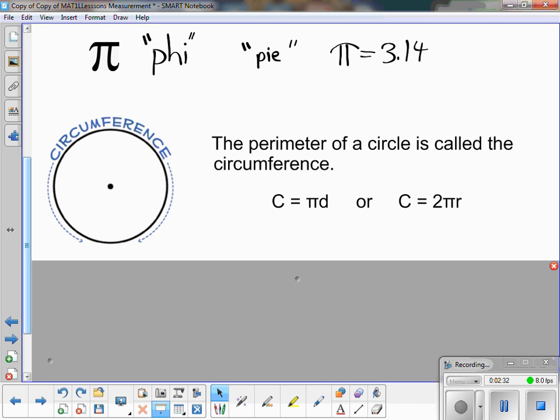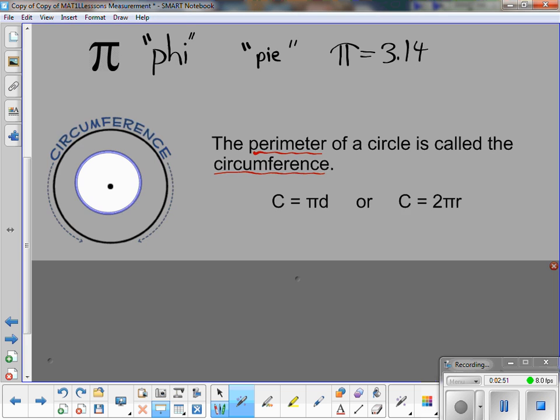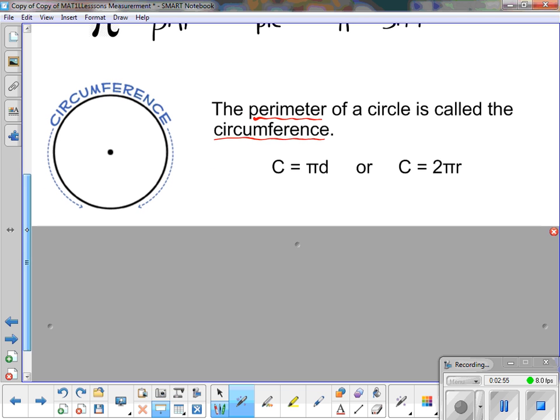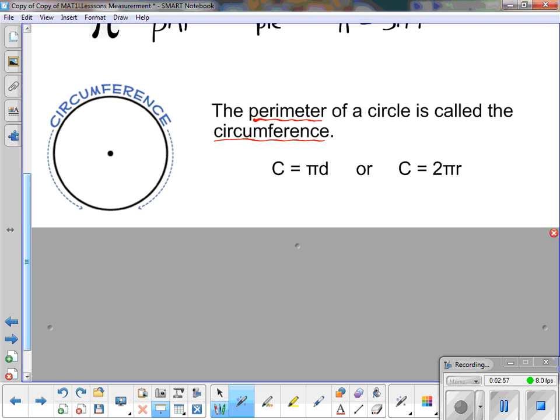Another thing with circles is, if you remember from yesterday's lesson, we were working with perimeter. Well, guess what? The perimeter of a circle is called a circumference. The circle's so special, it has its own special name for its perimeter. It's the distance around a shape, so in this case, it's the distance around a circle. Now there are two different formulas.